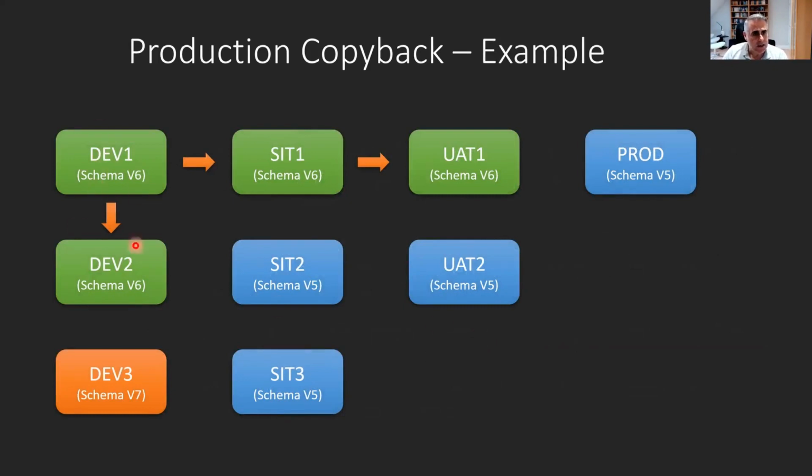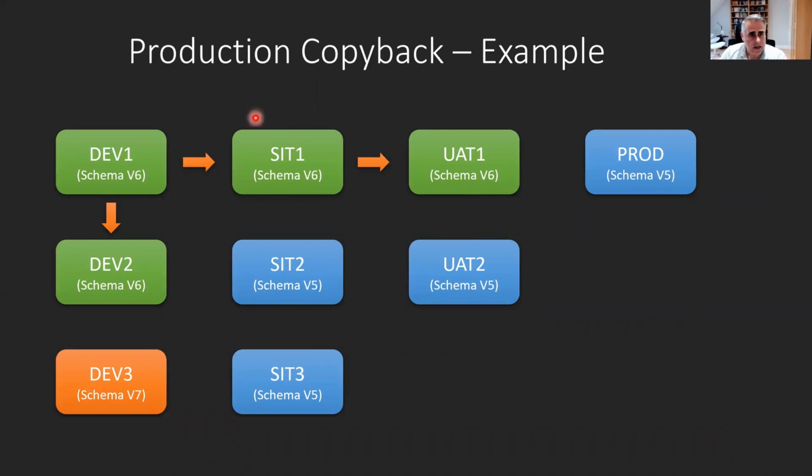So you can see we've got a few concurrent environments going on here. At our dev level, we've got dev 1, dev 2, dev 3. We've got some system integration testing, again concurrent levels 1, 2, 3 here. We've got a couple of user acceptance testing environments, and we've got our production. Obviously, this is a simplified version just for the purposes of illustration.